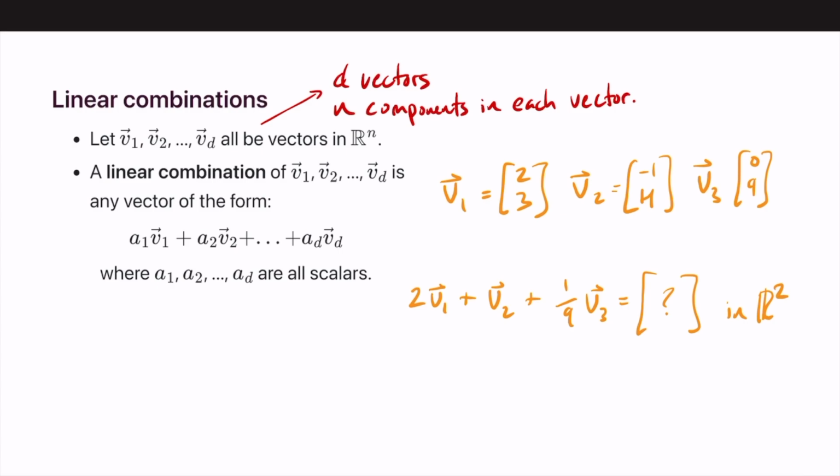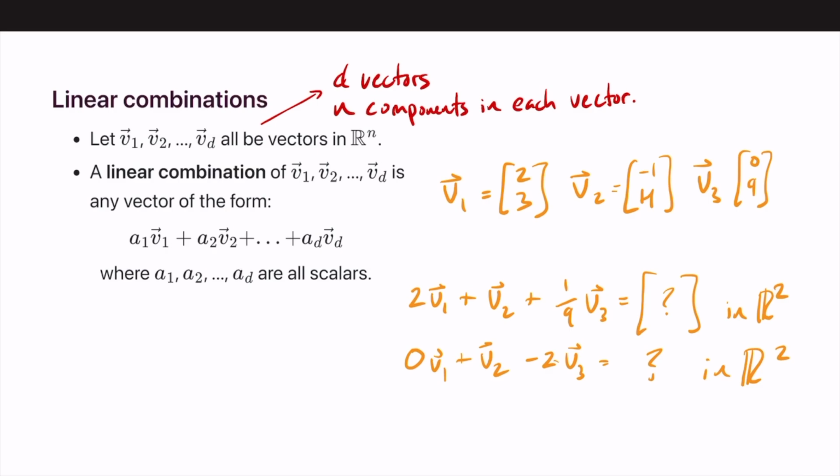Right, and this applies for anything. We could have 0, v1 plus v2 plus, or we can go minus 2 v3, and again, we're always going to get some mystery vector in R2.